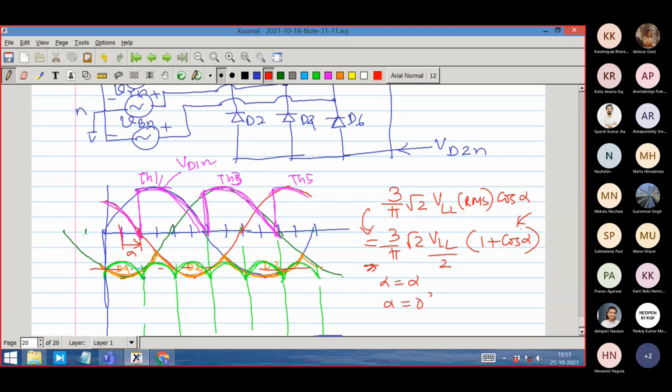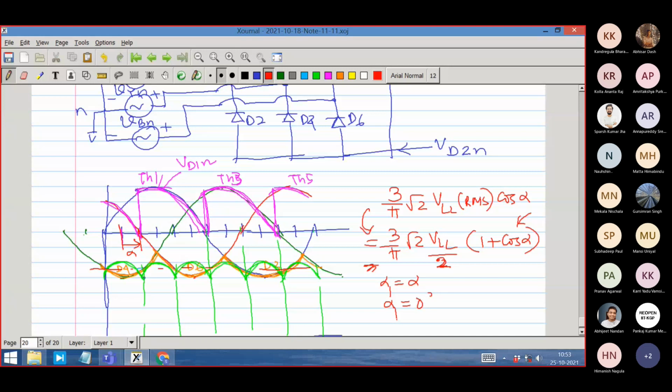So in the total there are two contributions. The positive bridge gives cos alpha, and the negative bridge gives you 1. That's why from the basic formula we first divide it into 2 and then think that one is alpha 1 equal to alpha and another is alpha 1 equal to 0.